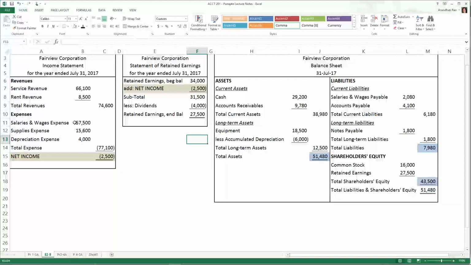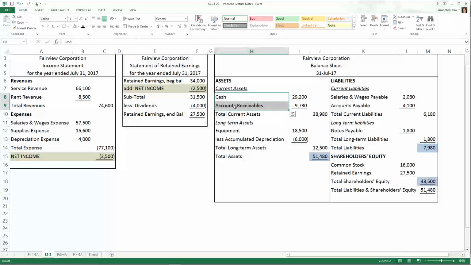You could list them in the order of the dollar amount. There are many ways in which you can list them, no restrictions. If you're preparing a classified balance sheet as we've done over here, it is important to note that the current assets must be listed in the order of liquidity. Most liquid to the least liquid.